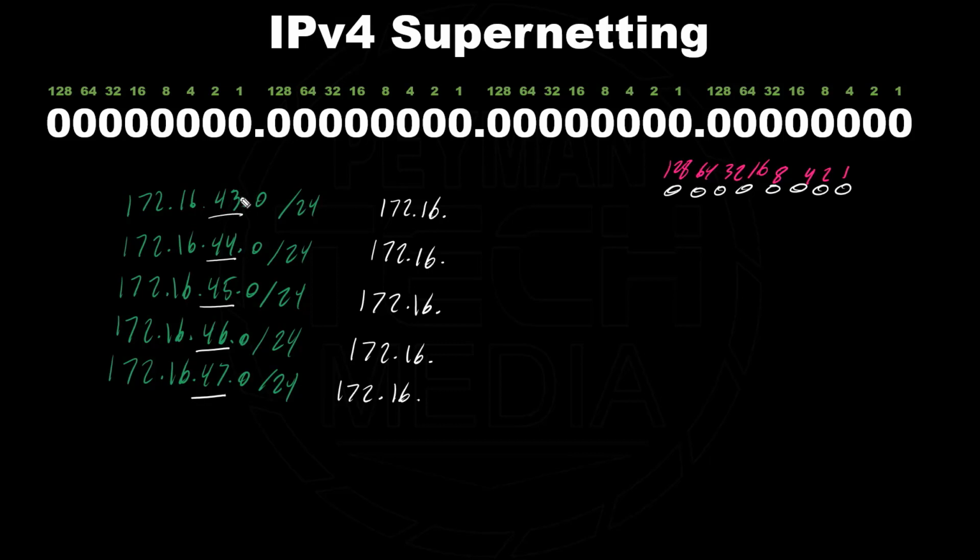So for 43, which one do we have to turn on to get 43? 32 plus 8, that's 40, plus 2, 42, plus 1, 43. So this is the binary for 43.